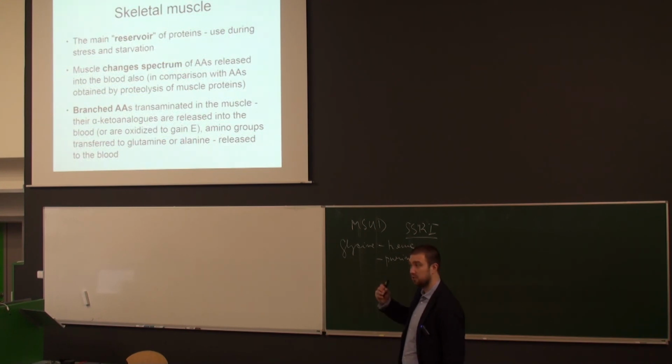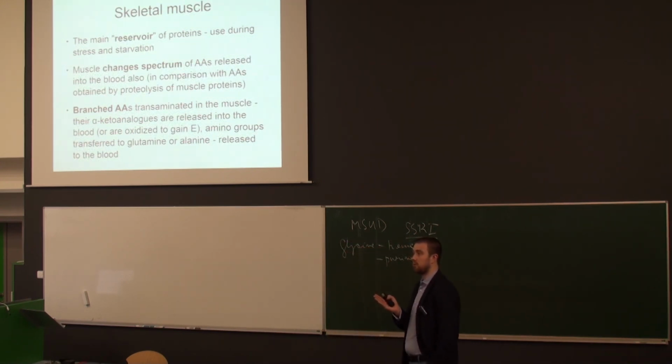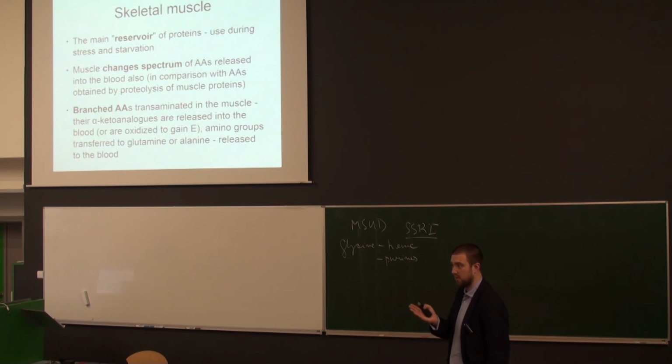This I already told to you. So skeletal muscle cells, the same as enterocytes, actively change the spectrum of amino acids that they release from their molecules or from their bodies.